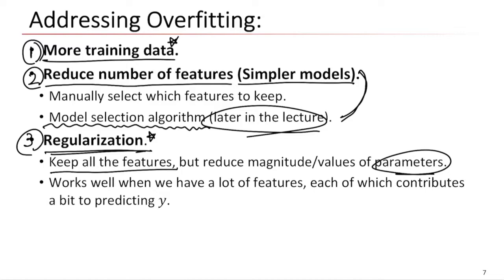Maybe you can't understand what this statement means, but we will discuss this later. Okay, so for now, just remember regularization is keeping the features but reducing the magnitude or values of the parameters. So it helps to overcome the overfitting problem.